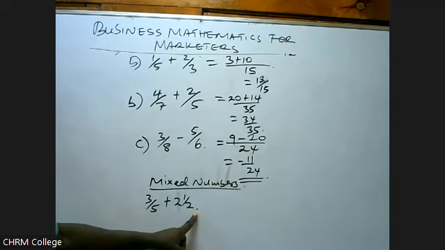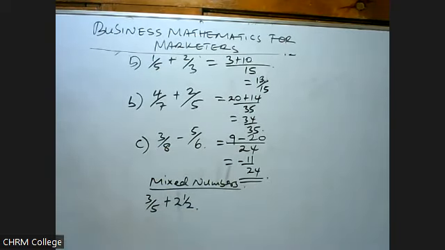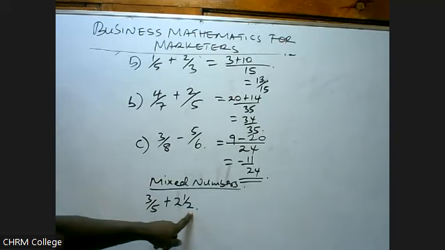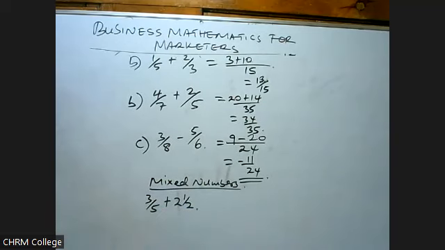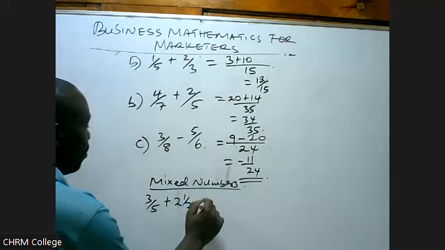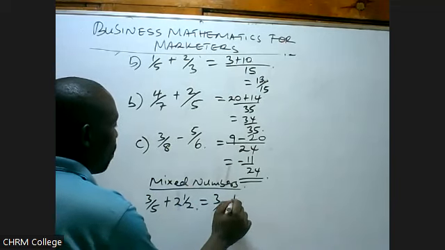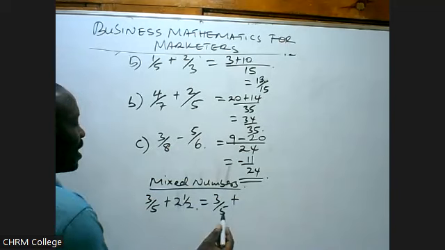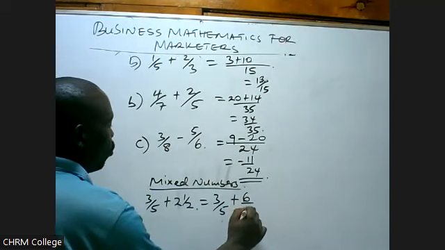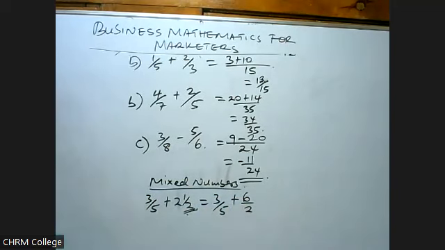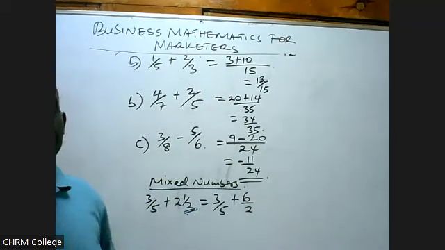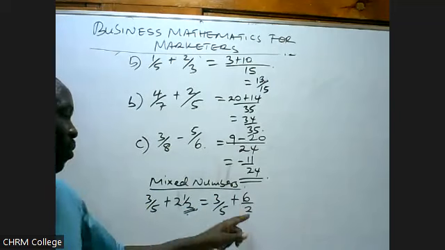The 2 and 1 over 2 can be converted into an improper fraction. To convert it, you take the integer, multiply with the denominator, then add the numerator. So this is 3 over 5 plus 2 times 2 is 4, 4 plus 1 is 5, so 5 over 2. When it is like that, it is an improper fraction because the numerator is bigger than the denominator.